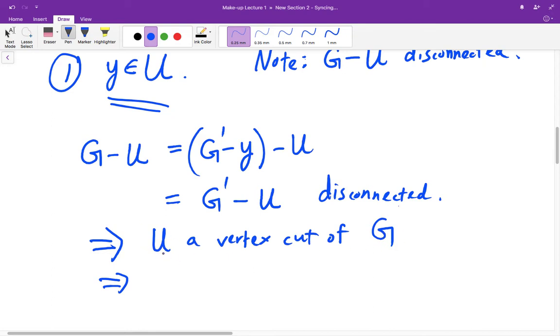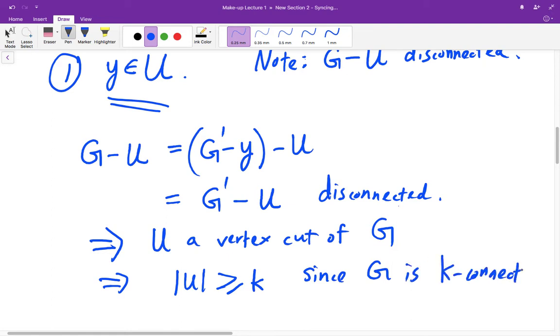And since U is a vertex cut, the size of U must be at least k, since G is k-connected. So we have proved that the size of U is at least k in this first case. Let us now move on to the second case.